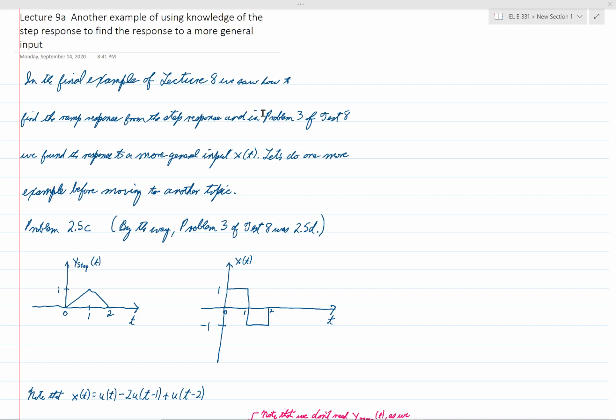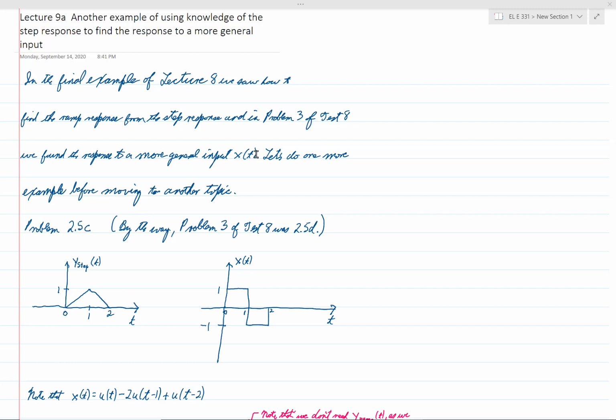And then in problem 3 of test 8, which we discussed in a good bit of detail and for which I provided the solution and also a separate video, we found the response to a more general input, once again starting from the step response. That was the knowledge we had, the step response of a system, and from that we were able to find the response to a more general input.